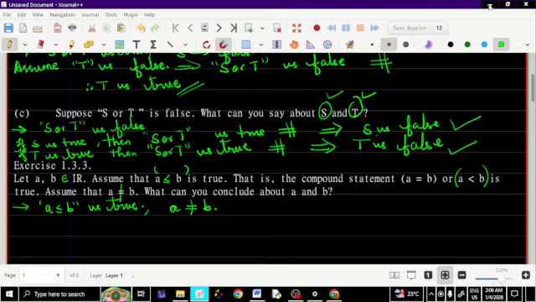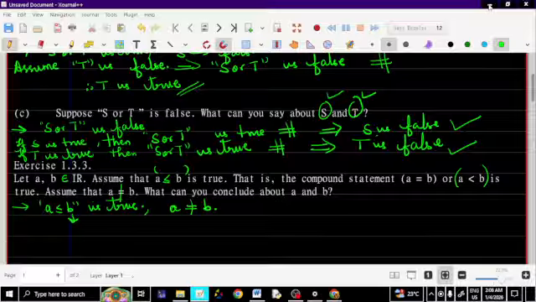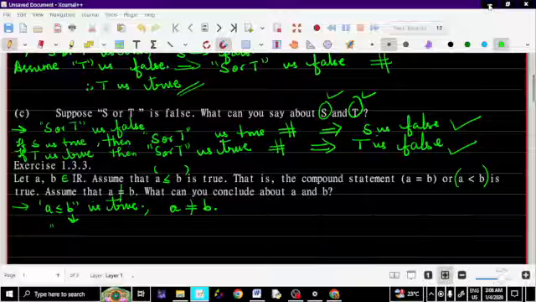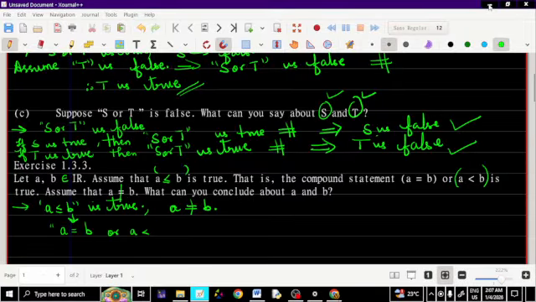Right? Now, if you expand this, A less than or equal to B is true, what does that mean? This simply means either A is equal to B, one of them has to be true, or A is less than B. This is true. So if this is true, then at least one of them will have to be true for it to be true, right?